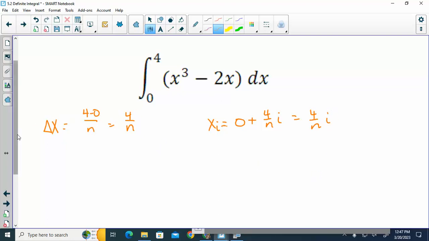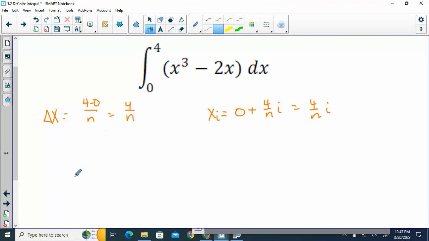Okay. So this integral is representing the limit as n goes to infinity of the sum from 1 to n. My function, what am I replacing my x's with? x plus 3 minus 2x.